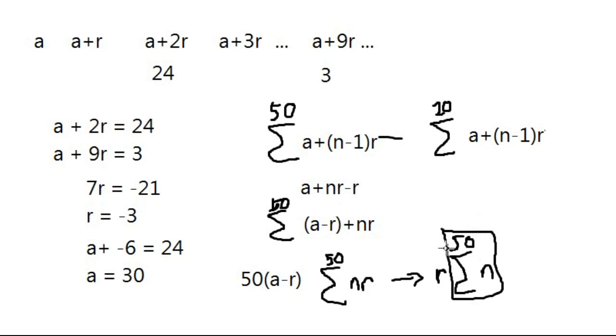It's the first term plus the last term, multiplied by the number of terms, and everything divided by 2. That is the equation for this number. So it's actually half of 50 times 51, and I'll need my calculator for this one, 51 times 50 divided by 2, which is 1275.